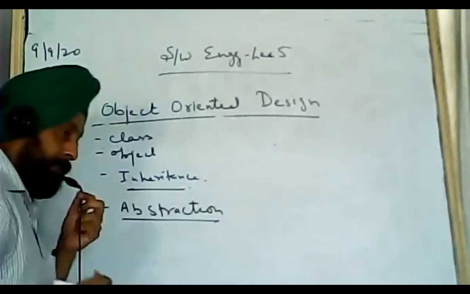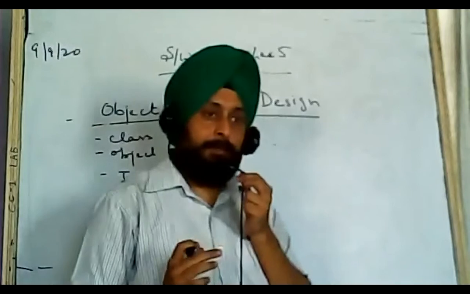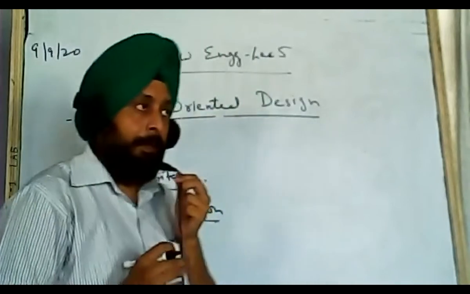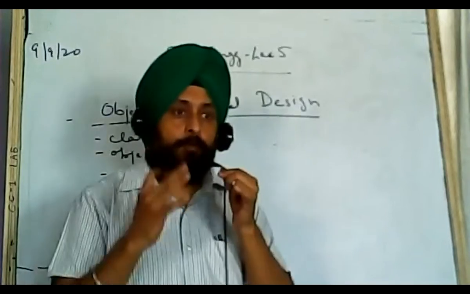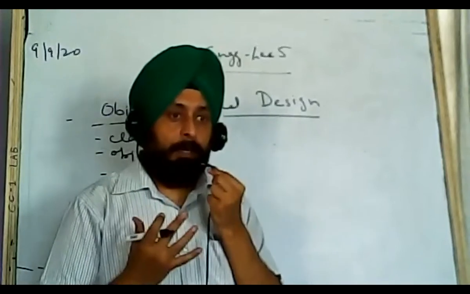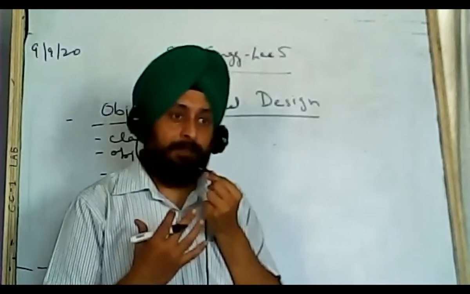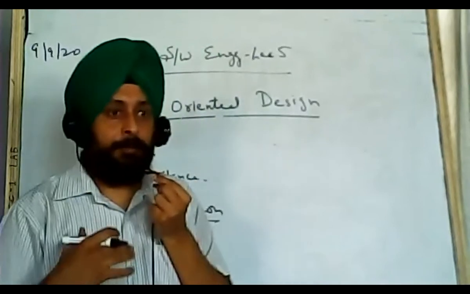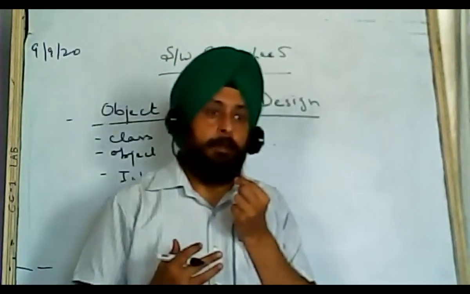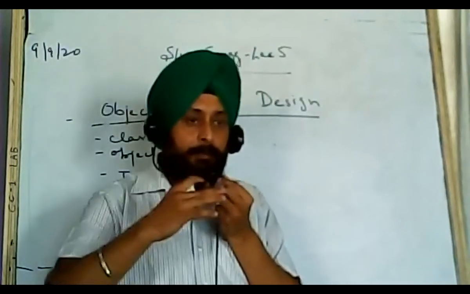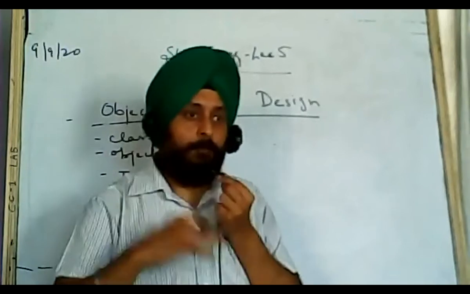What does abstraction mean? Abstraction is the concept in which, because there is a system, we want some of the parts or components of the system to be visible to the user, and the rest should not be visible. There are different types of users of one system.